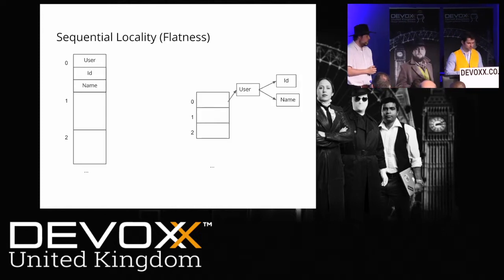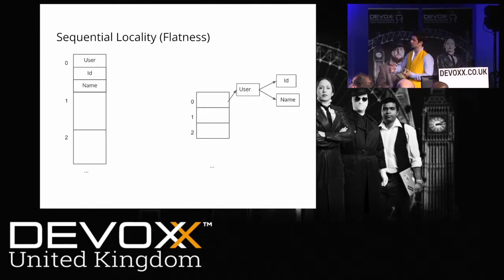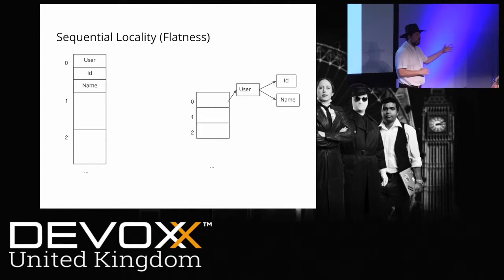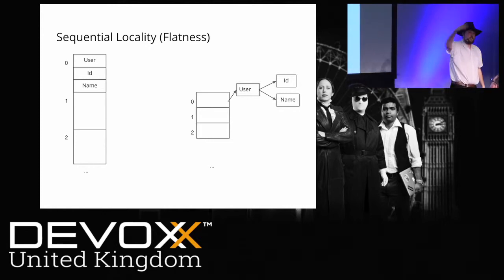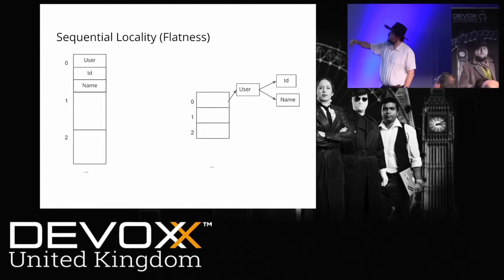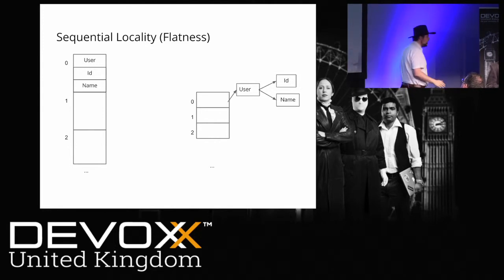Yeah, so since you're getting rid of all those references, it seems like we can flatten the structures and get additional sequential locality, isn't it? Exactly, sequential locality or flatness. So if you've got an array of users, you've really got an array of pointers to user objects which are located somewhere in your heap. The user's got an ID and a name, so that's really another pointer to 2 other objects lying somewhere in your heap.